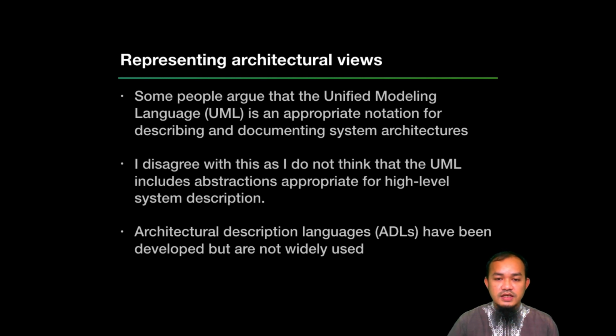Another thing we can use to describe architecture is architectural description languages, or ADLs, for describing architectural design patterns. You can use UML, but UML is actually used for high-level description and for class diagrams and detailed design. It is not suitable for representing the architecture design.